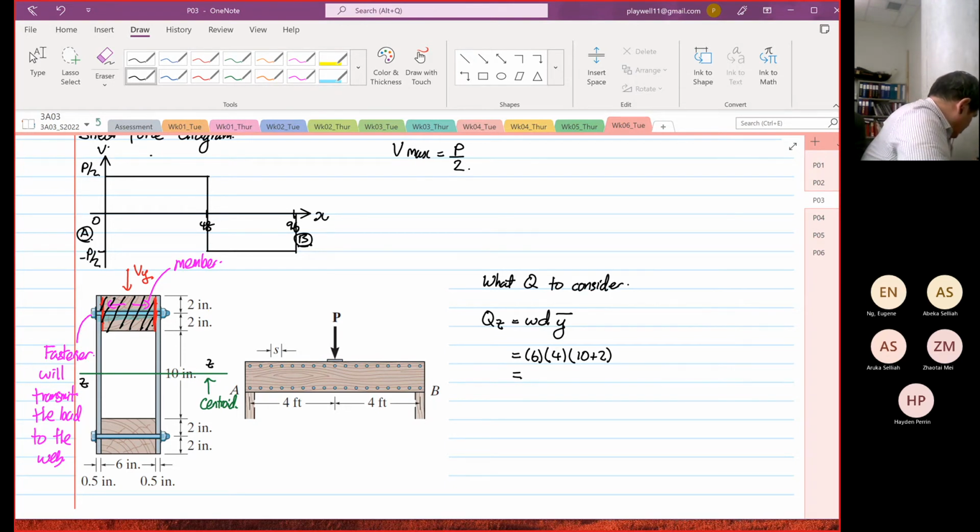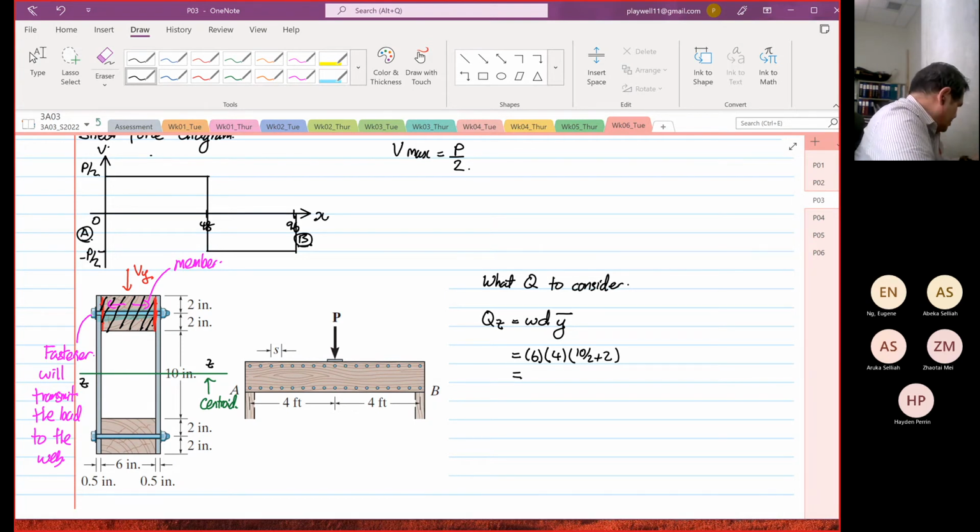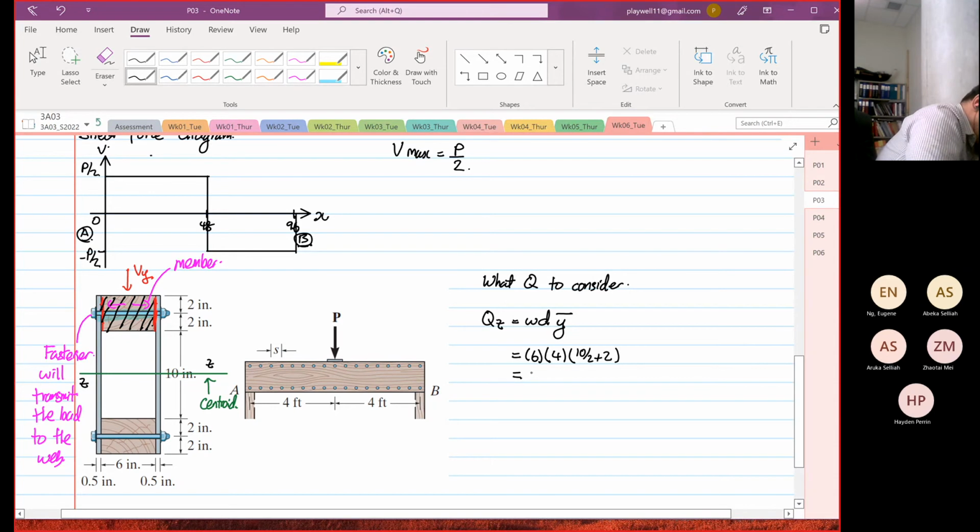Hold on. No, not 10. 10 divided by 2 plus 2, times 6 times 4, is equal to 168 inches cubed. So we found our Q, sorry, our Qz.